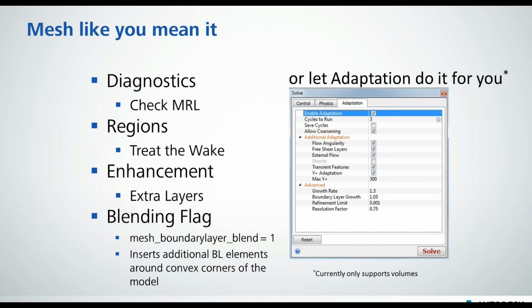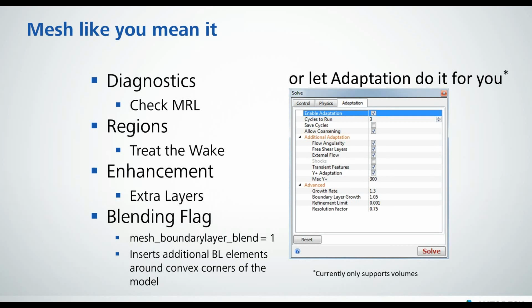It's saying that anything that's lighting up with a red arrow is smaller than how the mesh is going to try and treat it. So by scaling that down a little bit, you'll get a finer mesh on the areas that are more intricate in your model. Leverage regions whenever you need to, especially to treat the wake or any other areas where the flow's doing something that you need to capture.